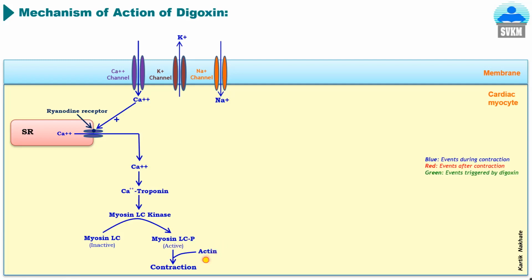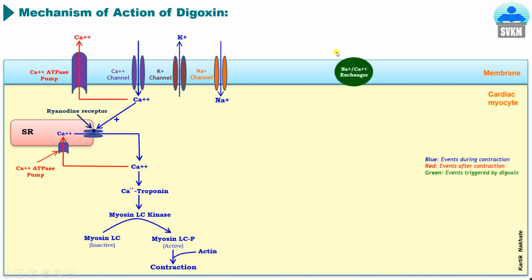After contraction, the calcium ATPase pump in the sarcoplasmic reticulum transports calcium ions from the cytosol back to the sarcoplasmic reticulum. Similarly, the plasma membrane calcium ATPase pump along with the sodium calcium exchanger also causes the calcium ions efflux from the cell.